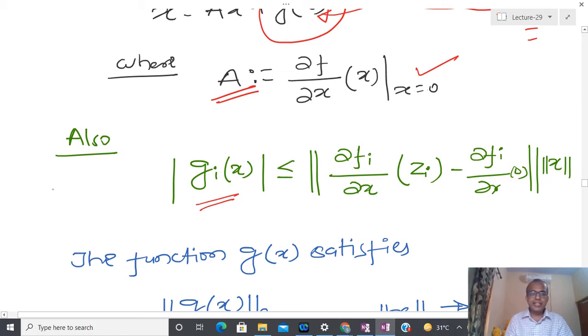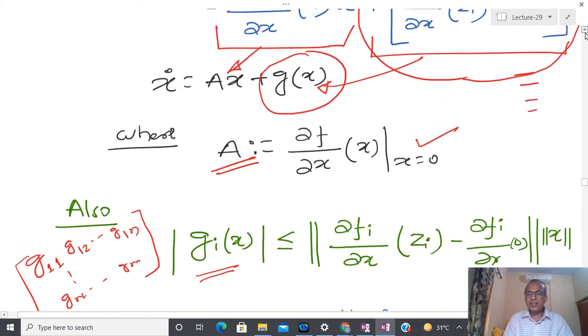So here you can see what happens: I have g11, g12 up to g1n, and similarly I have gn1 up to gnn. This kind of thing comes into the picture. Are you able to follow why I have written like this?